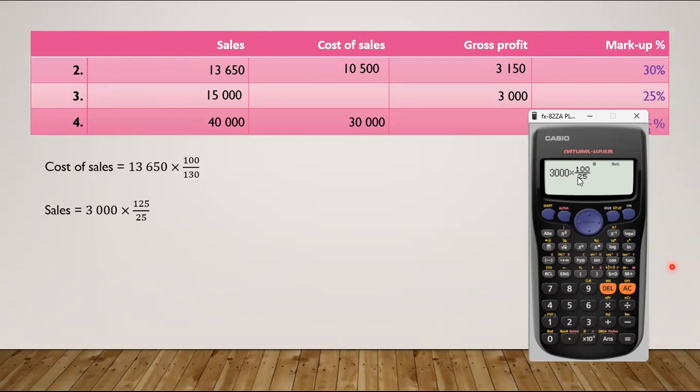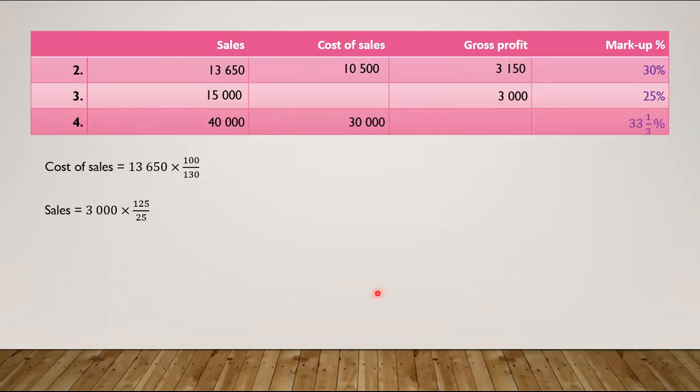So I will divide by the gross profit percentage, which is that 25, and I want cost of sales. Cost of sales is 100. I will multiply by cost of sales percentage, which is that 100. And you press the equal sign, it will give you cost of sales of 12,000 Rand. Otherwise, you can just take your sales value of 15,000 minus the 3,000. It will give you a cost of sales value of 12,000.